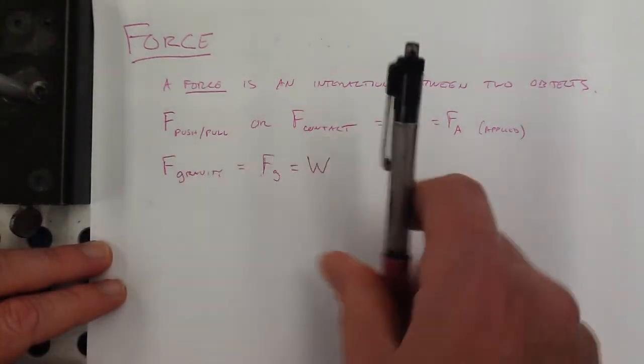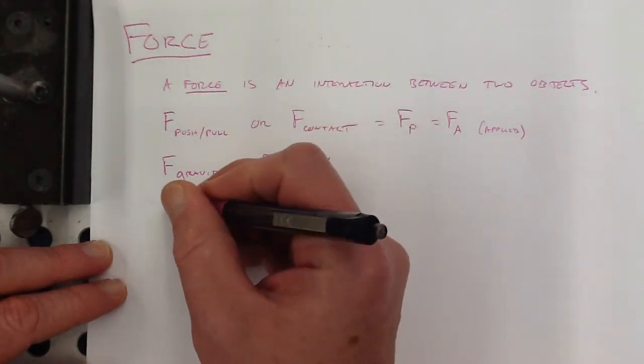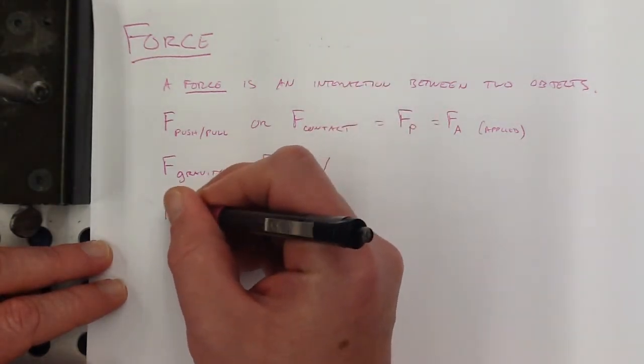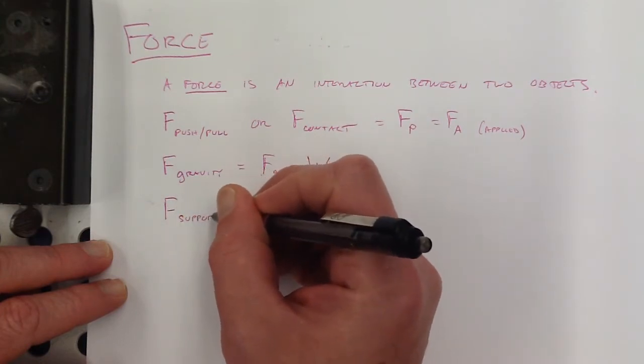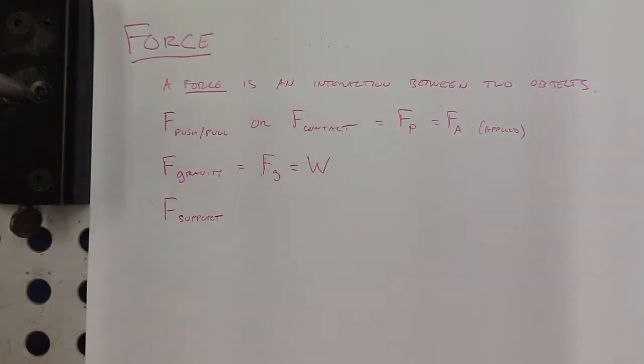And many things, like that pen I was just talking about, are experiencing a supporting force, which we could call force of support. Like right now, maybe you're sitting at some kind of desk or something watching this video, and that desk, the chair that you're in, or if you're lying on a bed or whatever, wherever you are, there's a supporting force on you that's stopping the force of gravity from just pulling you down toward the center of the earth.